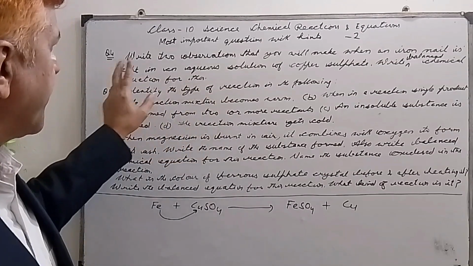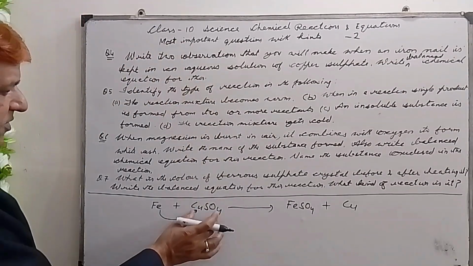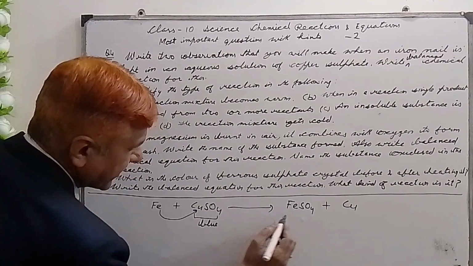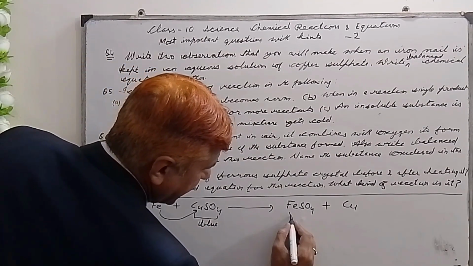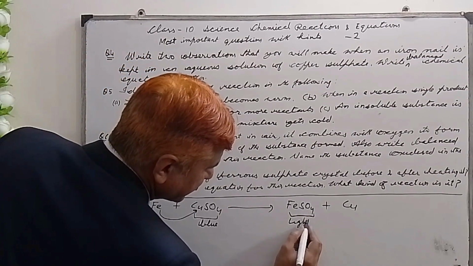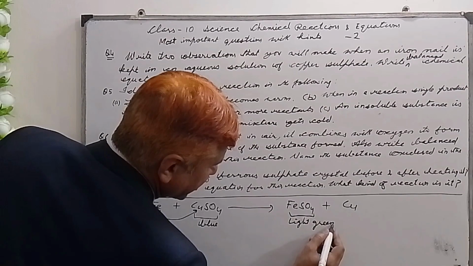So write two observations. Copper sulfate is blue in color and ferrous sulfate, iron sulfate, is light green in color.